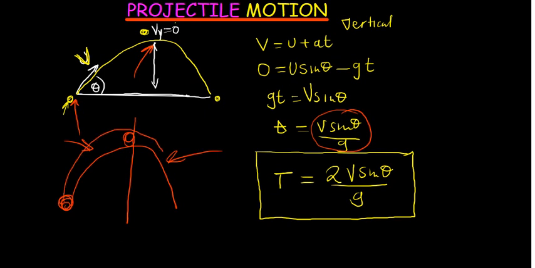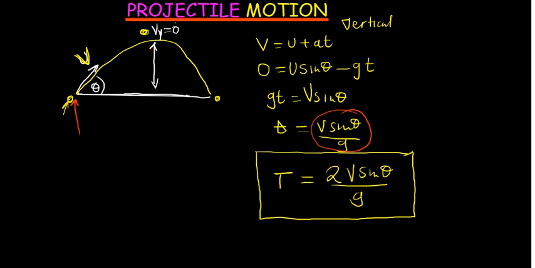Yes, the one multiplied by 2 is for the total time of flight. The one without a 2 is just the time from the start of the projectile to the maximum point.